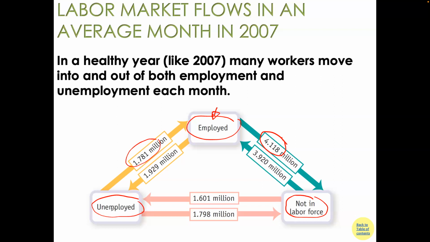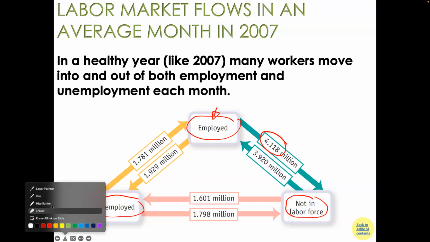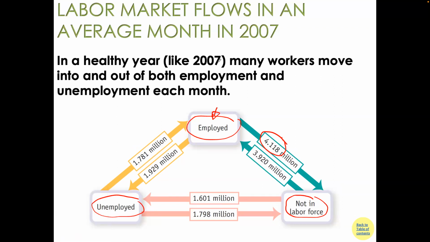Now let's look at here, unemployed. Oh, I apologize, there was a mistake here. I was intending to say that from employed to unemployed is 1.9 million on average during a regular year.